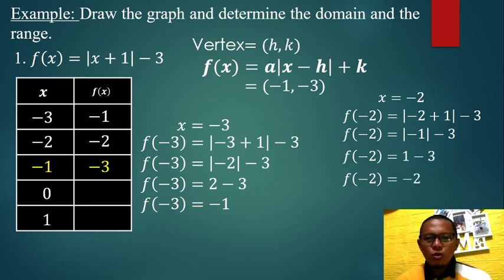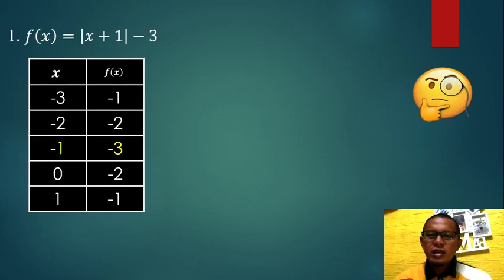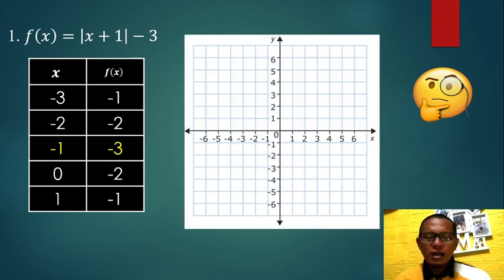If we continue to find the pair of 0 and 1, same process here. So you got 0 and negative 2, and 1 and negative 1. So since we have our ordered pairs, let's graph. So I have here the Cartesian plane. Let's plot the different ordered pairs. Negative 3 and negative 1 is found on the third quadrant.